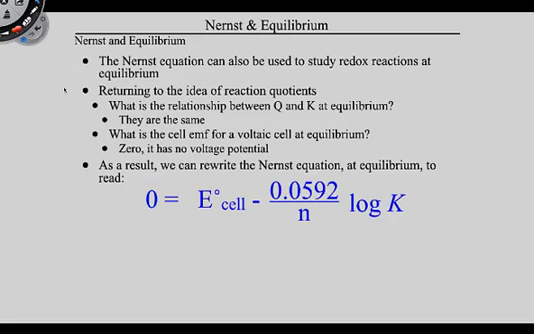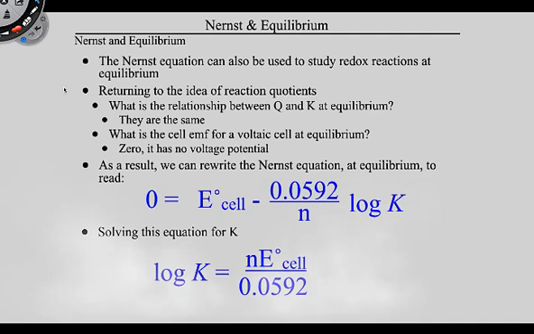But now, guys, watch what happens. We can rejigger this equation and we can solve it for K. And when we do, we get this. Yep, this one you need to know, although it's no longer on the AP sheet. But guys, fundamentally what this tells you is this. If you know the voltage of a battery, you can figure out its K value. Or if you know its K value, you can figure out its voltage.